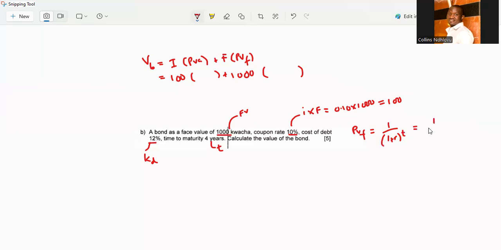So what is our R? Our KD is what? 12%. So 1.12 to the power time, which is 4 years. Are we following? Yes. Okay, so what becomes the value of the interest factor?